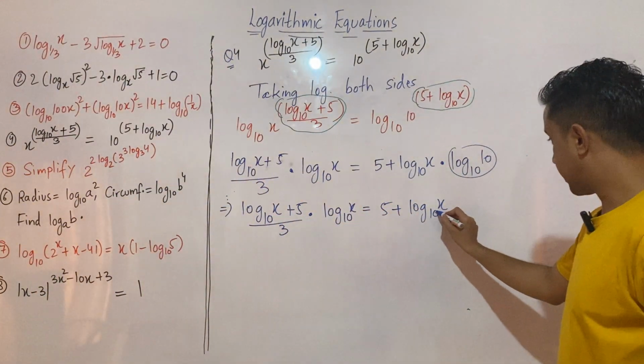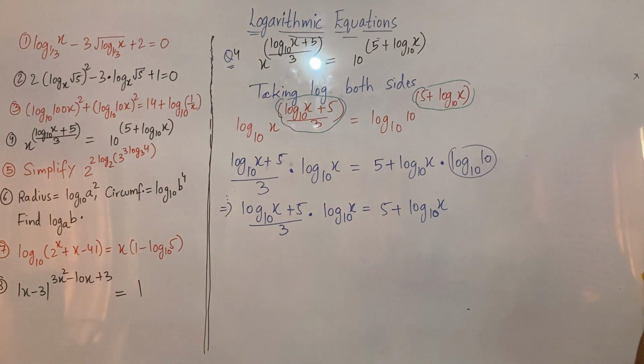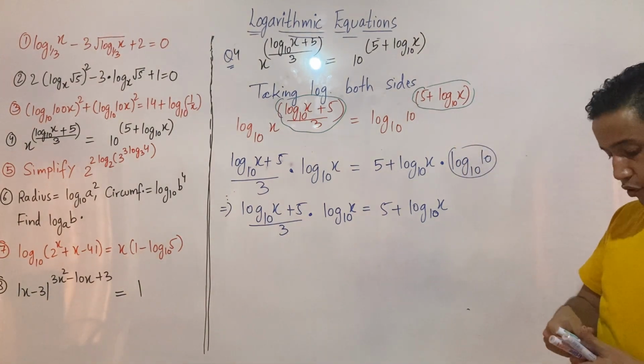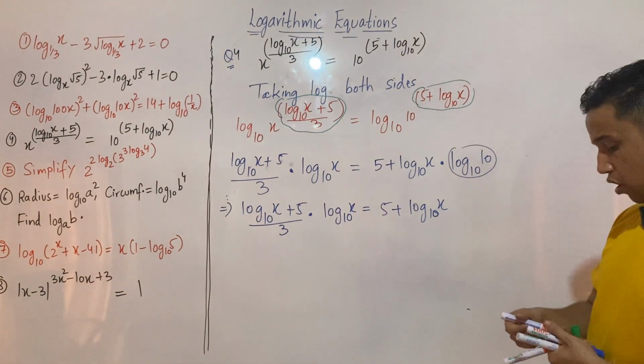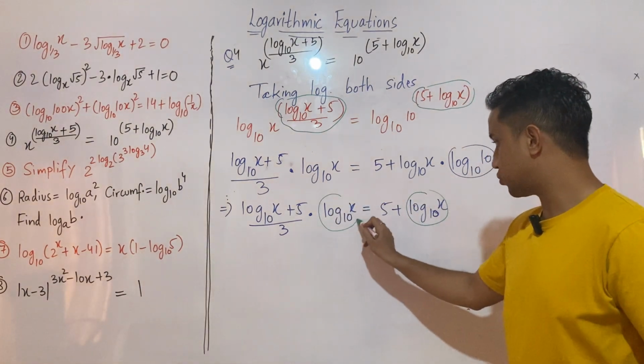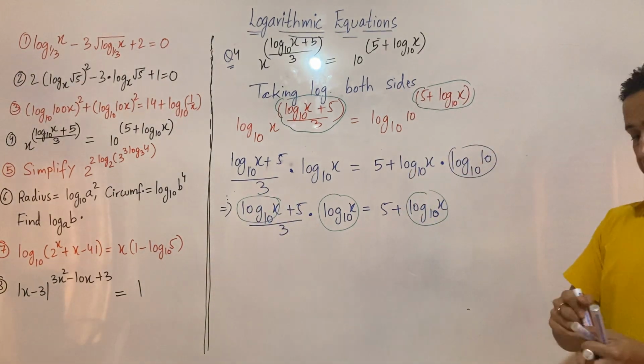Now if you look at this, I think we cannot do anything about it directly, but if you observe, you can see that we have log x to the base 10 here, and here, and here.